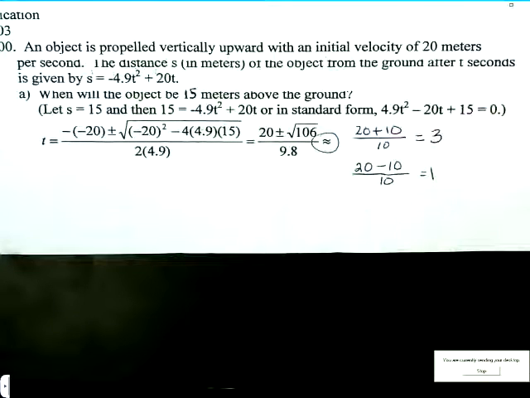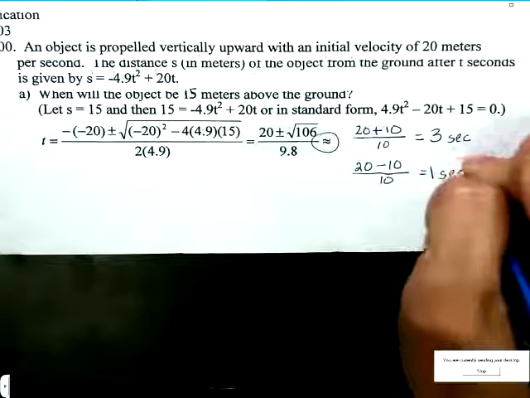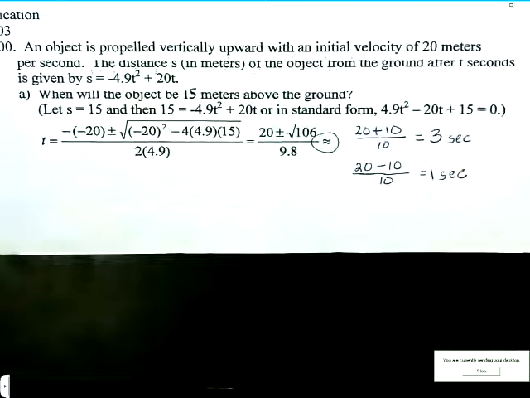Are those meters or seconds or dollars or ducks? They're seconds. That's what T is. So the units on that 3 and 1 are seconds. I'm saying that the ball, the whatever, is 15 meters high at 3 seconds and at 1 second.